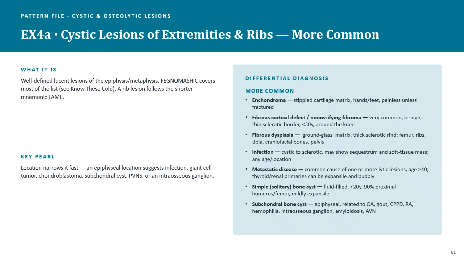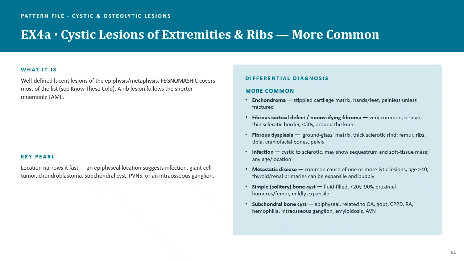That one is benign. It's commonly seen in our younger patients, usually around their knee area. And then we have fibrous dysplasia, which has what they call a classic ground glass appearance. And then we can also have a simple bone cyst. That's usually seen in younger patients as well, usually in the upper humerus or their femur area.